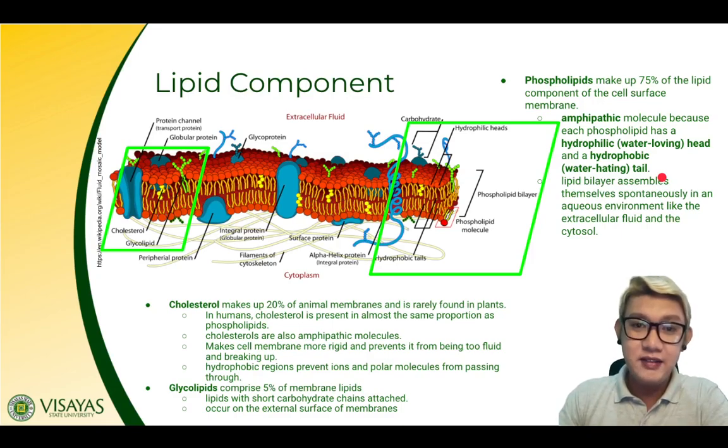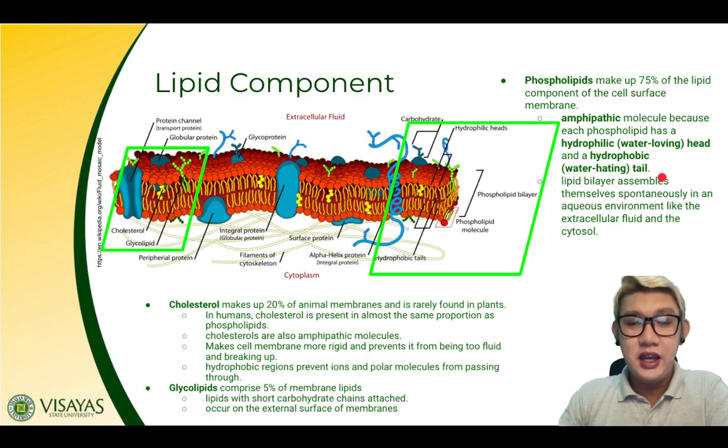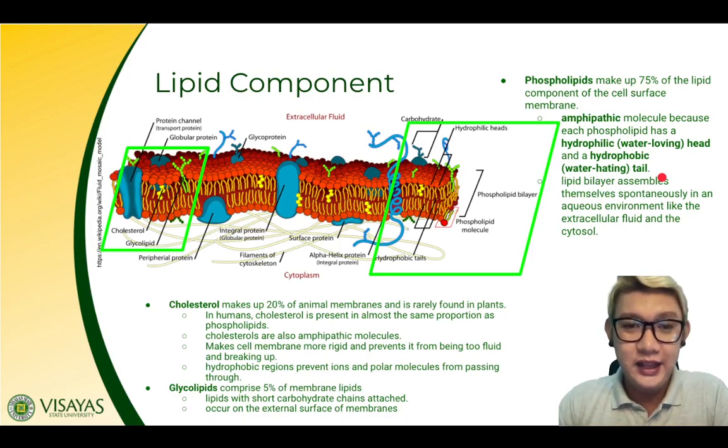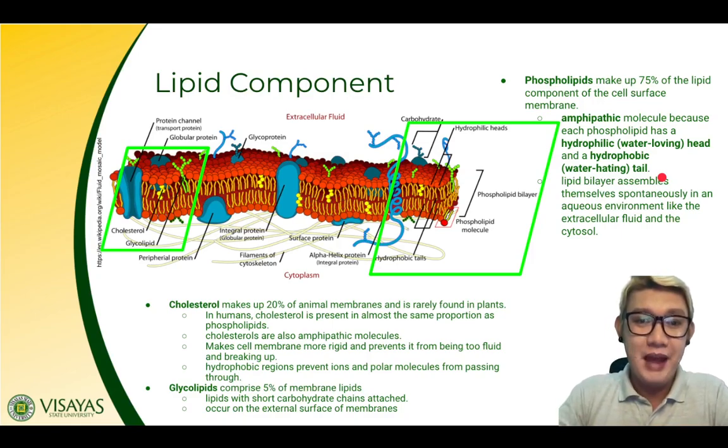So the head is water-loving, while the tail is lipid-loving or water-hating. The lipid bilayer assembles itself spontaneously in an aqueous environment like the extracellular fluid and the cytosol.